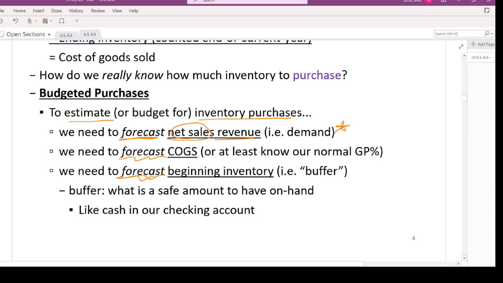And realize too that forecasts are nothing more than creating a buffer, or some sort of safety net, like in your checking account. Some people keep $500 in their checking account just in case of emergencies. We're doing the same thing here, only we're not just predicting how much we need to have at any point in time. We're also predicting what we need to put in our inventory to make sure that we meet the demand, the sales.